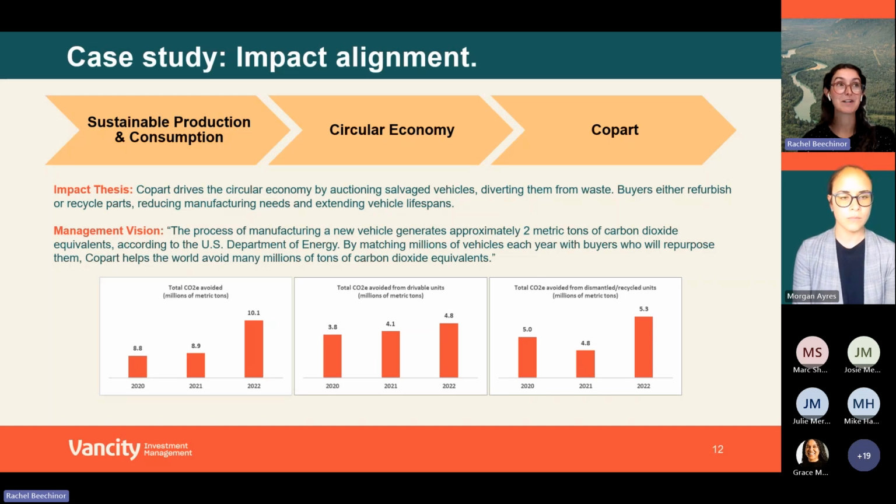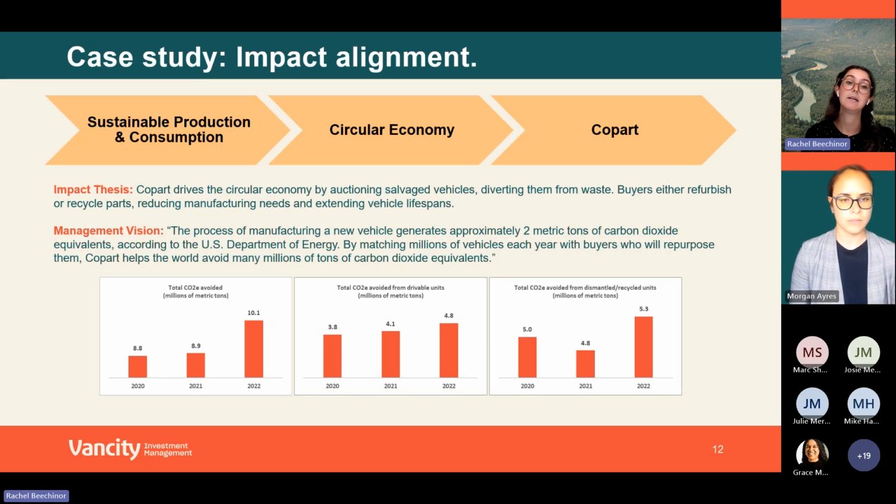It's a great example of a company positively contributing to the circular economy and helping build the circular economy. Nearly all of Copart's revenues are derived from the resale of salvaged vehicles. So buyers then either refurbish or recycle specific parts of the car and return the car or its parts back into the economy.